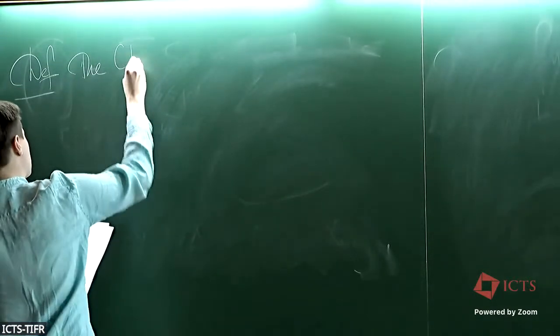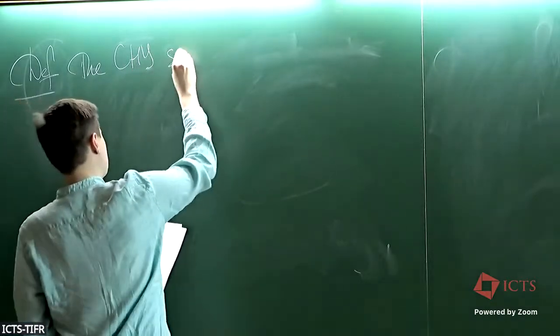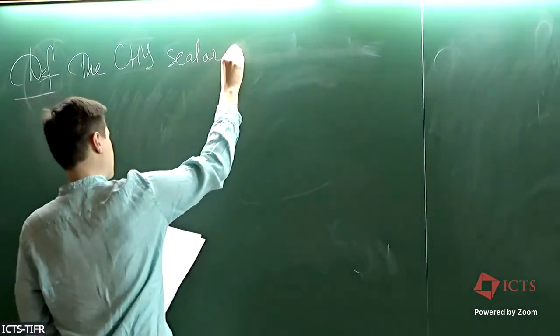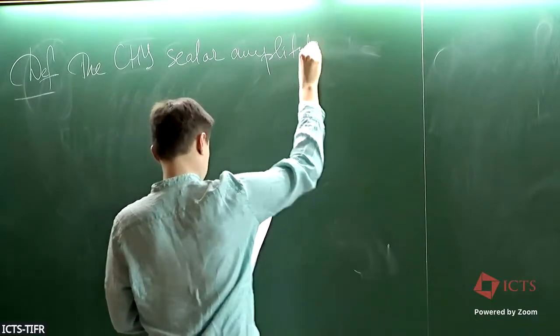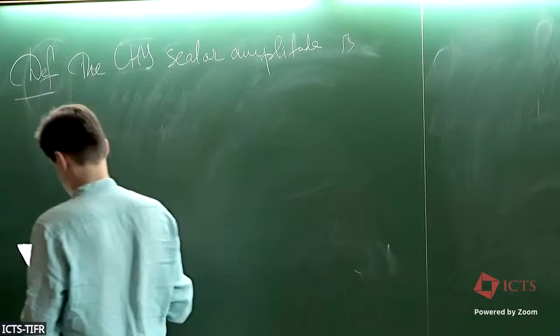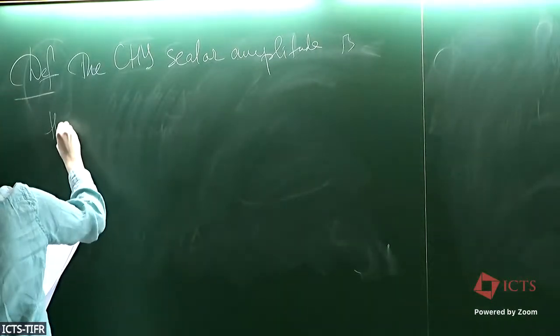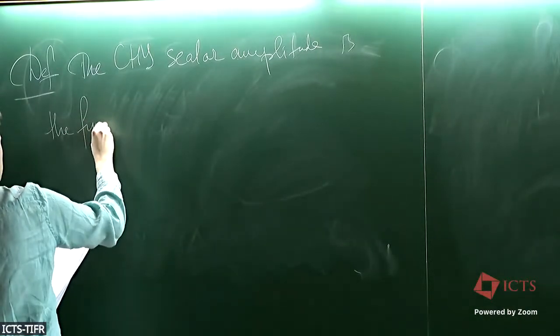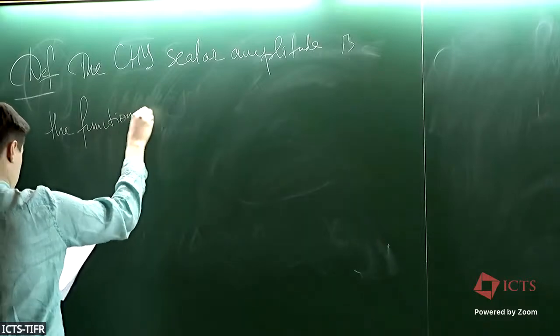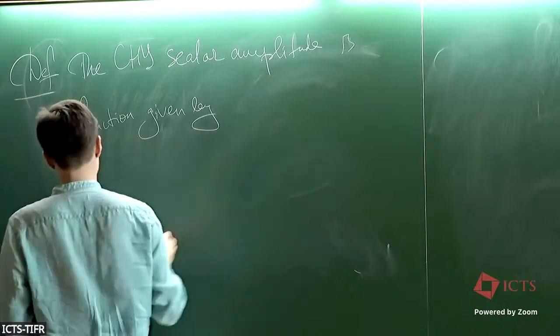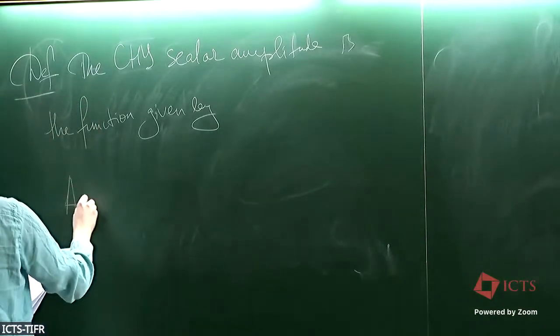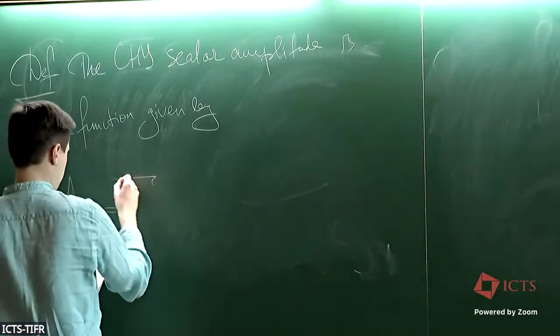The CHY scalar amplitude is the function given by the following equality: I_n equals the following sum.